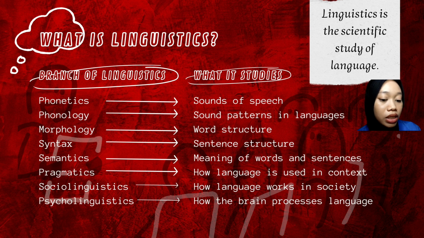Morphology learns word structure. Syntax learns sentence structure. Semantics learns the meaning of words and sentences. Pragmatics learns how language is used in context. Sociolinguistics learns how language works in society. Psycholinguistics learns how the brain processes language.